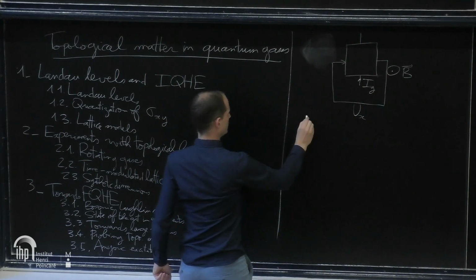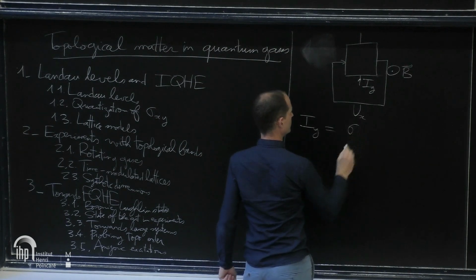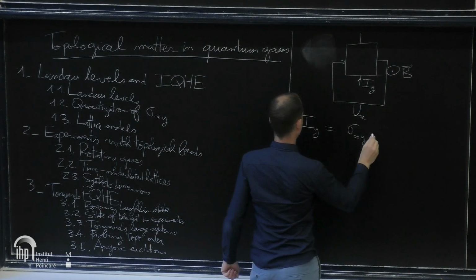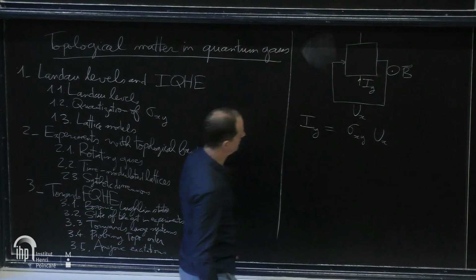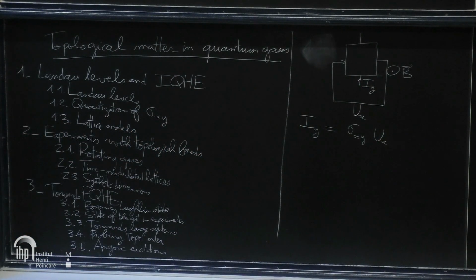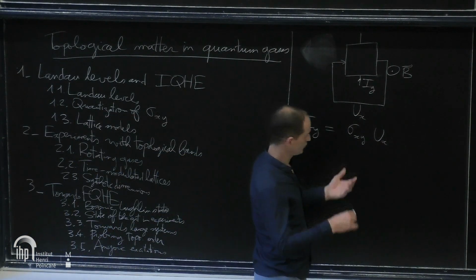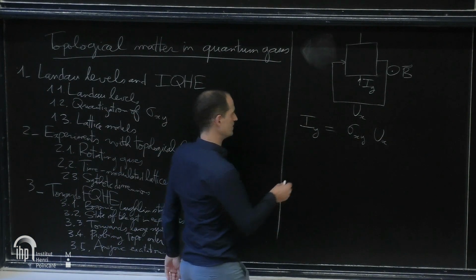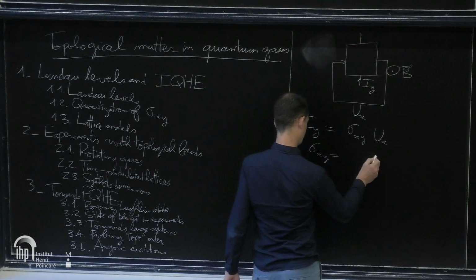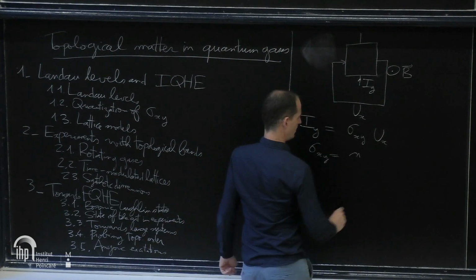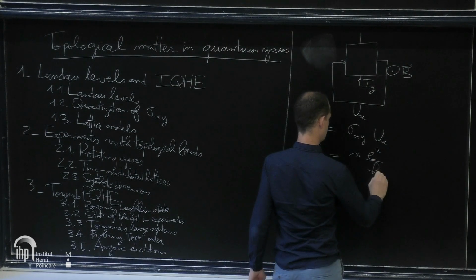And so there is a proportionality between the current along y and the voltage along x that involves the Hall conductance sigma xy. And it was observed in 1980 that at low temperature for 2D electron gases and high magnetic fields, sigma xy is quantized. So it's given by an integer times the quantum of conductance e squared over h.